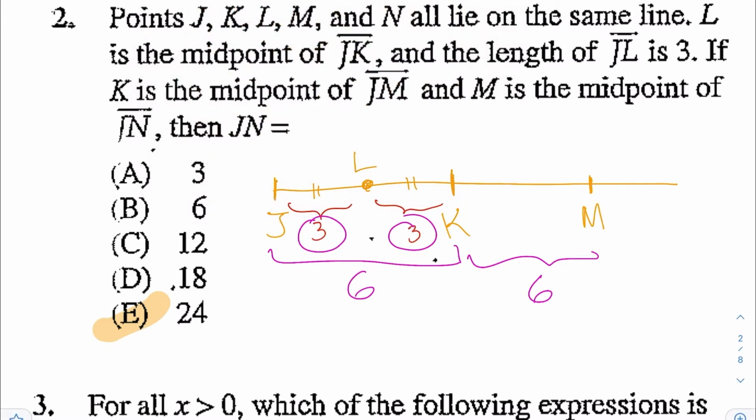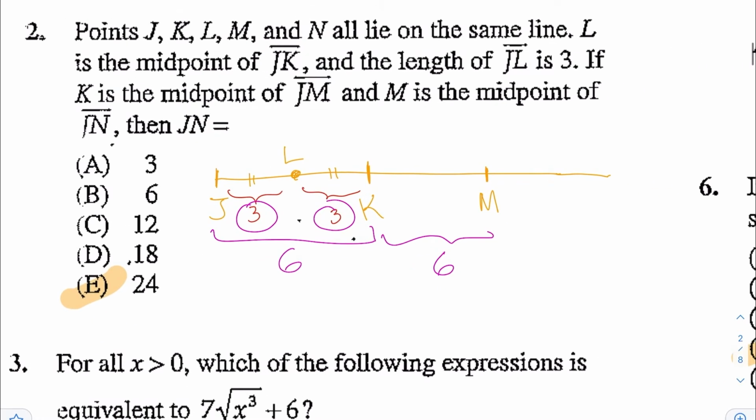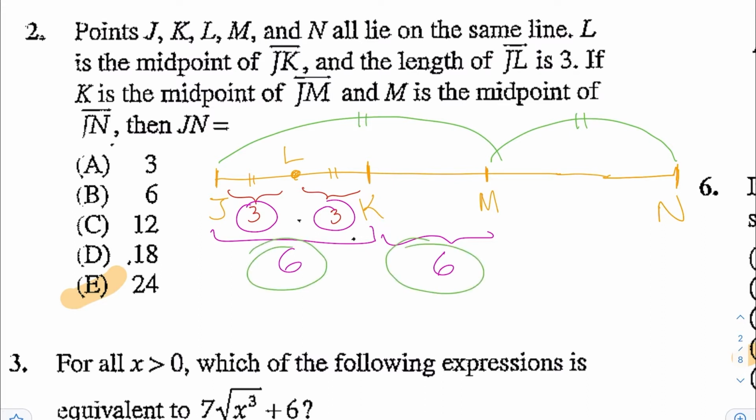And last but not least, M is the midpoint of JN. So to go from J all the way down to N, M has to be the midpoint, and here, point J all the way to M is going to be equal to M all the way over to N. So here 6 plus 6 is equal to 12.